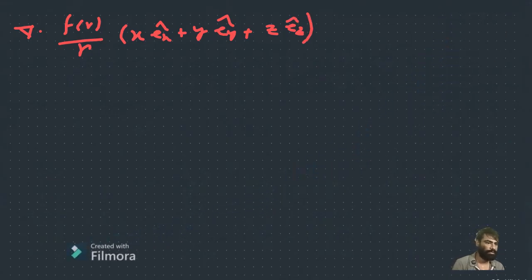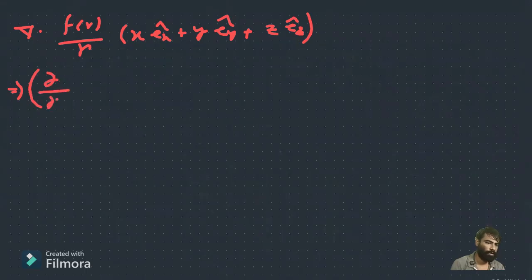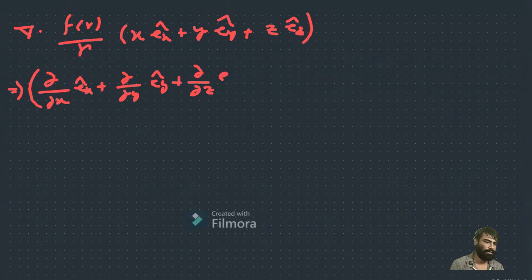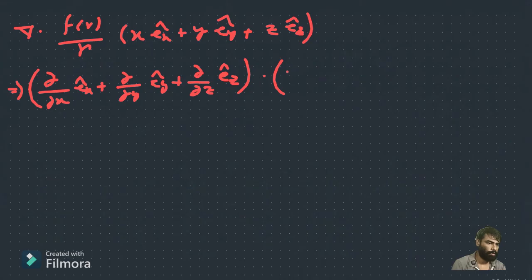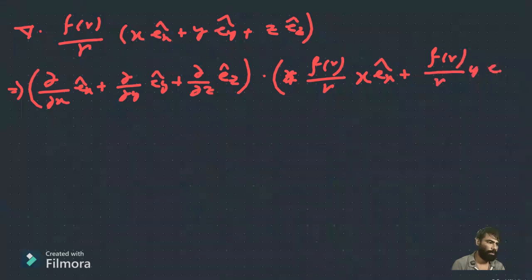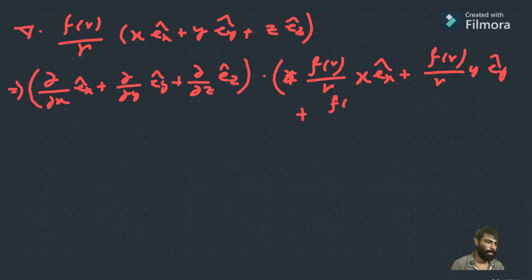How can we find the divergence? It means del of del x e_x plus del of del y e_y plus del of del z e_z, dot product with this term, that is f(r) by r x e_x cap plus f(r) by r y e_y cap plus f(r) by r z e_z cap, right?